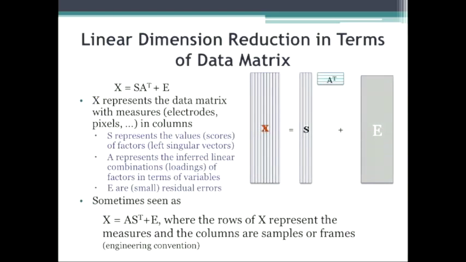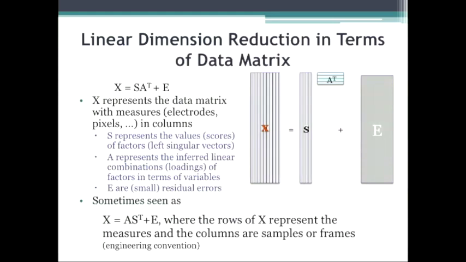If we think about this in terms of the data matrix, you represent the variables in the columns, so this could be your neurons or your voxels in an fMRI or your pixels in an optical imaging recording. Then what we aim to do is to represent a big time series. The vertical axis here is time. We want to represent a time series of many variables, so a big matrix, in terms of two much smaller matrices.